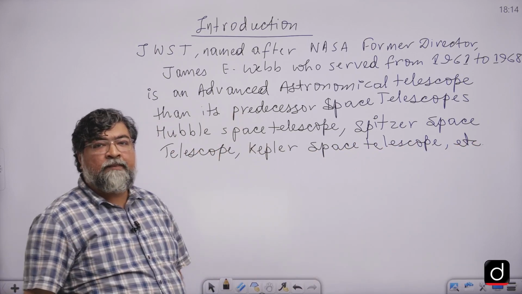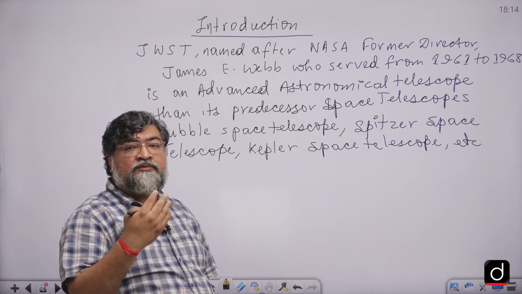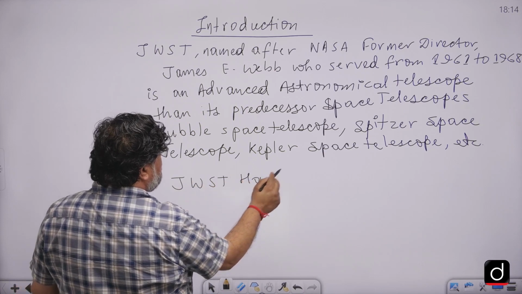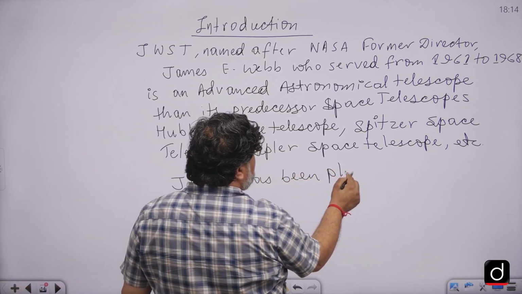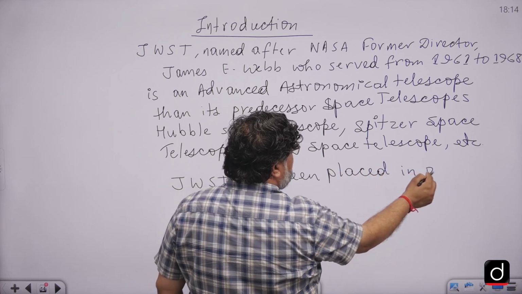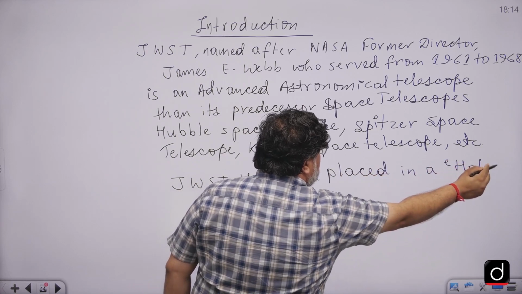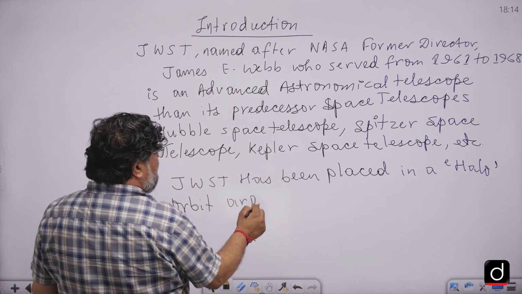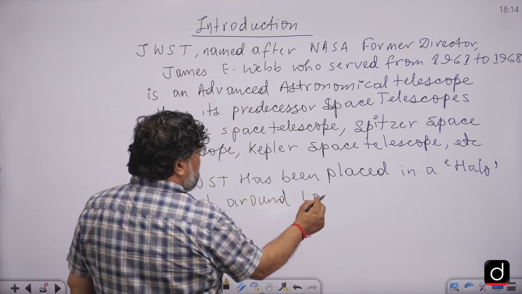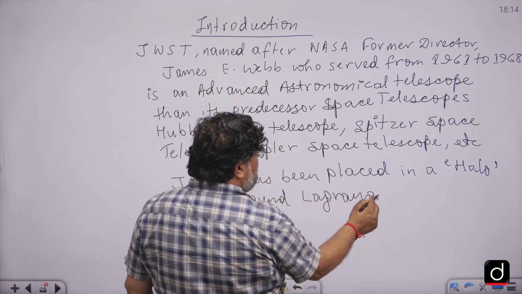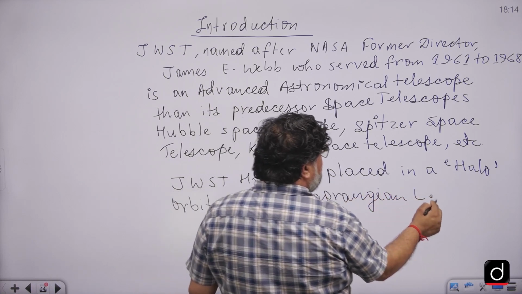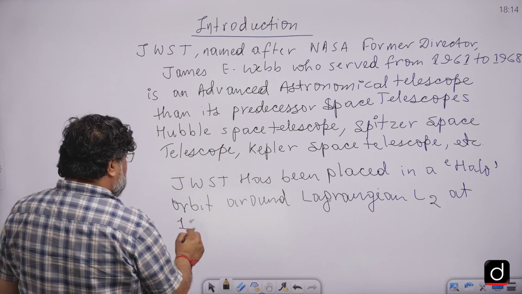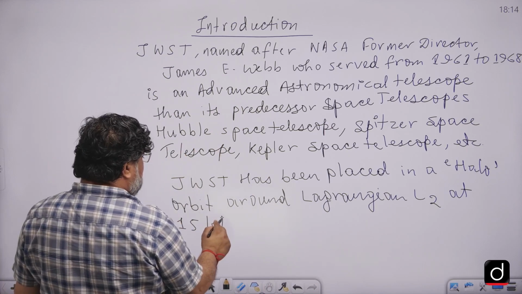Now in the answer, you will also write about where it has been placed. So you can write that JWST has been placed in a halo orbit. It is a very important point here. Halo orbit, that is an orbit around the Lagrangian point L2, the Sun-Earth Lagrangian point L2, at 15 lakh kilometers or 1.5 million kilometers away from the Earth.